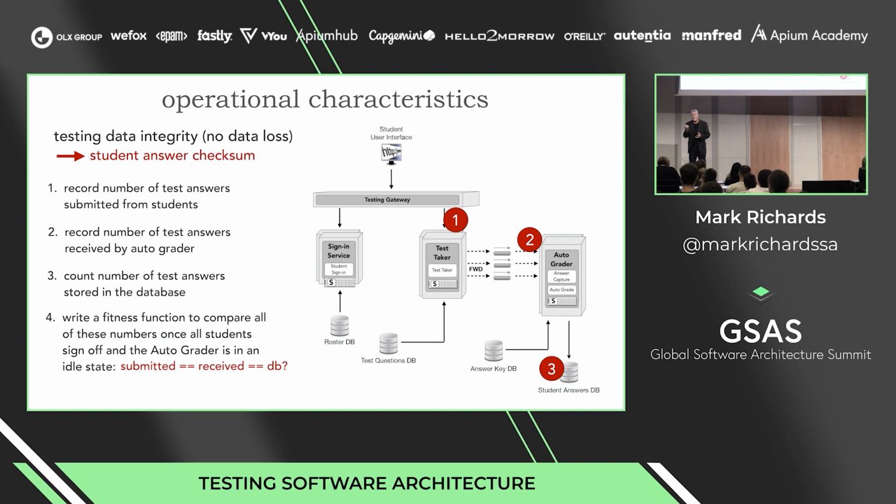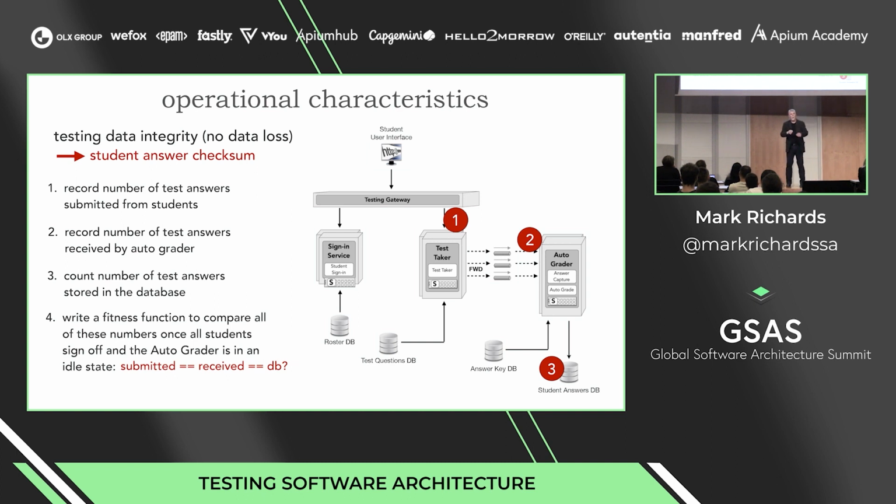So, I need two more pieces of observability. Isn't it interesting? Most of the time when we say observability, we're talking about a particular service sending out some information, streaming it or sending it to some sort of message queue asynchronously. Well, what I would have to do is write a fitness function to track all three of these, but not compare them until two events happen.